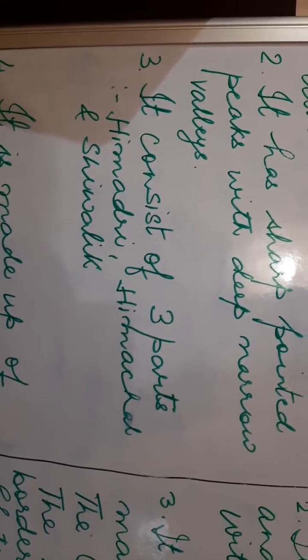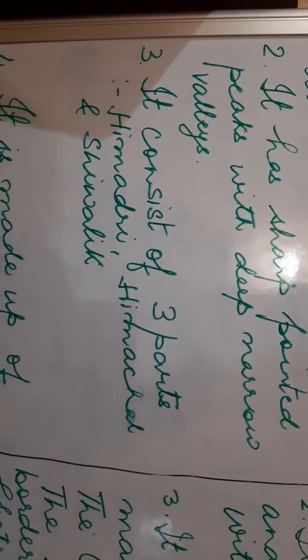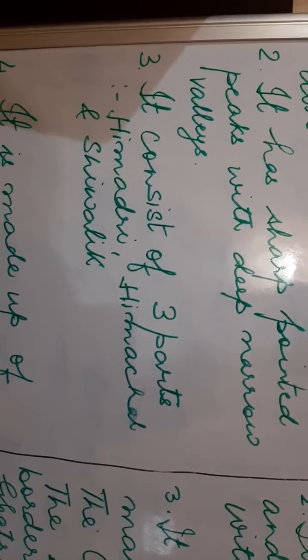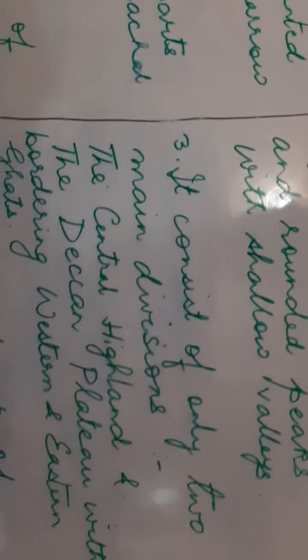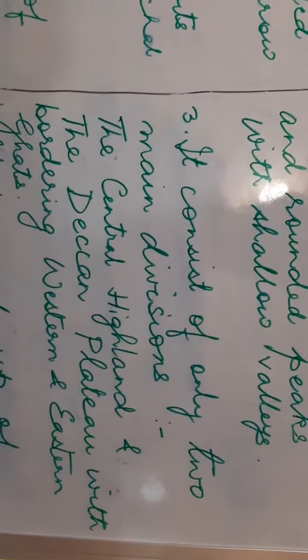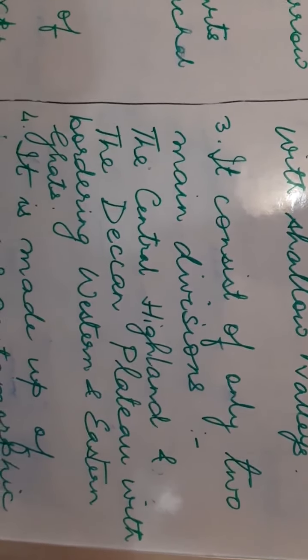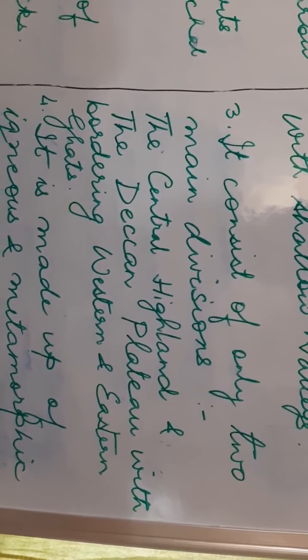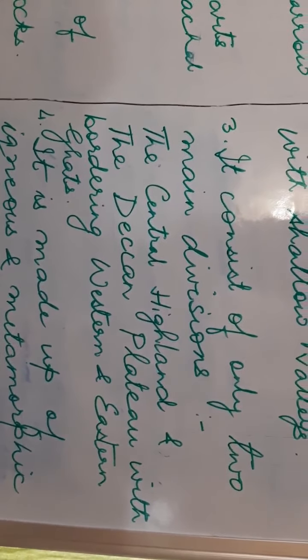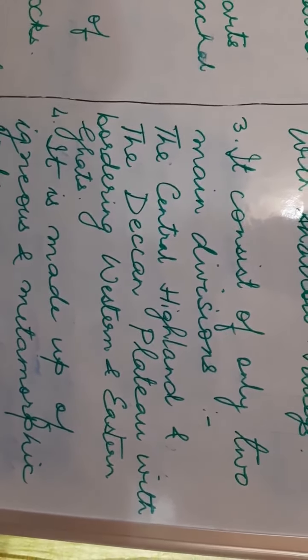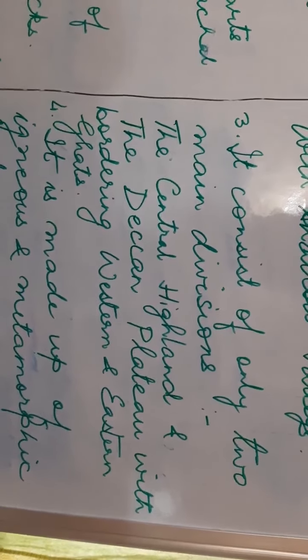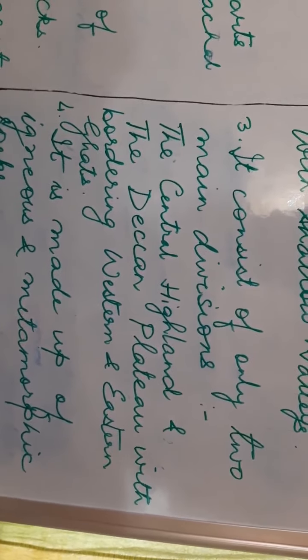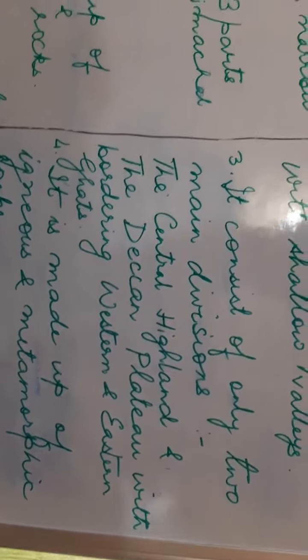So children, you know very well, these are the three mountain ranges of the Himalayas. And this side it consists of only two main divisions, Central Highland and the Deccan Plateau, with bordering Western and Eastern Ghats.